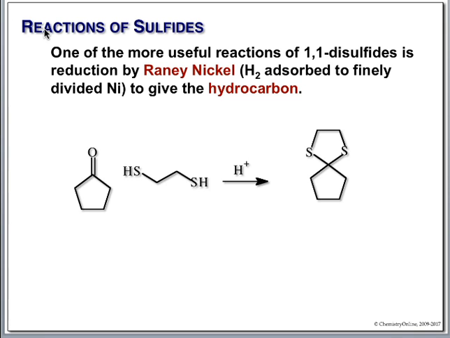You dump in Raney nickel, and by George, everything disappears. So if you ever have a ketone or aldehyde and you want to get rid of it, this is a very, very simple way to do it. And it works very nicely. Any questions?